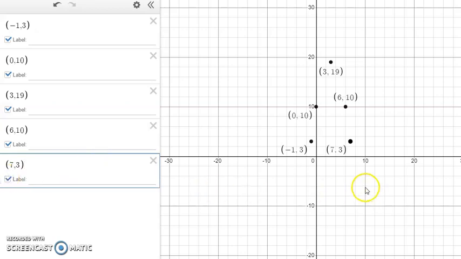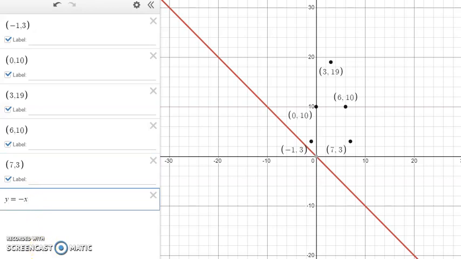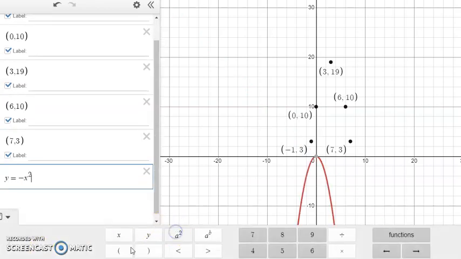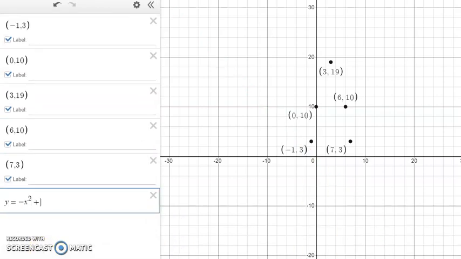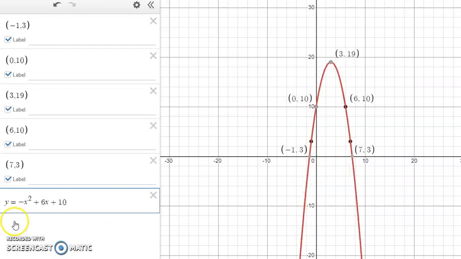And then we just draw a nice curve through. Okay? So draw the nice curve through. I'm just going to write the equation: negative x squared plus 6x plus 10. And we'll go right through all points really nice. Okay? And then we'll add the x-intercept into it. Why not? Okay? So there's our graph.